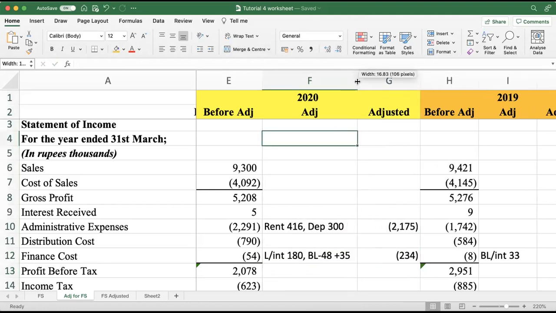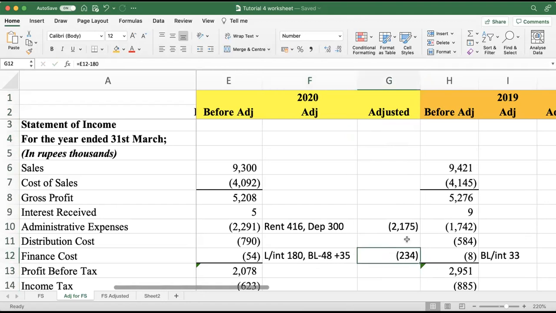From the 234 adjusted value, you remove 48 and add 35.